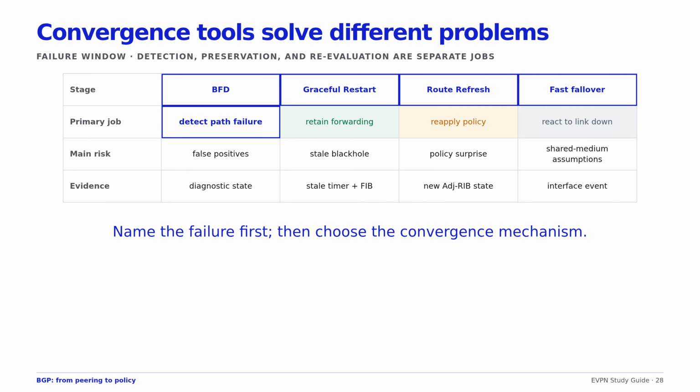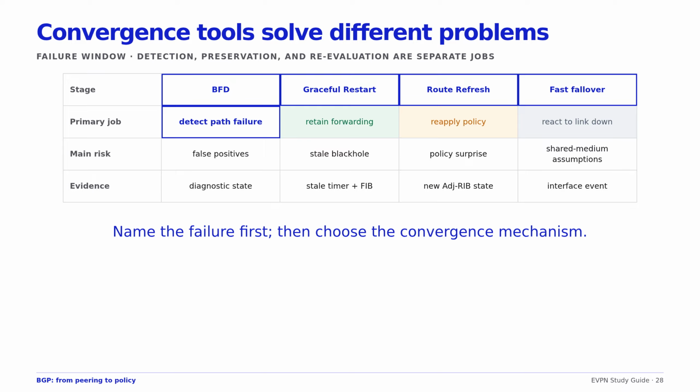Several features are described as making BGP faster, but they act on different failure windows. BFD detects a failed forwarding path quickly and can drive the BGP session down. It does not prove that a healthy session carries the correct route. Graceful restart can retain stale forwarding state while a control plane restarts. It reduces disruption only when the forwarding plane remains valid and peers implement the contract correctly.